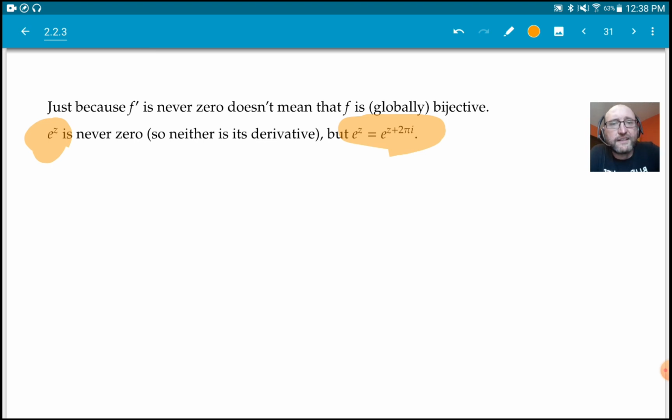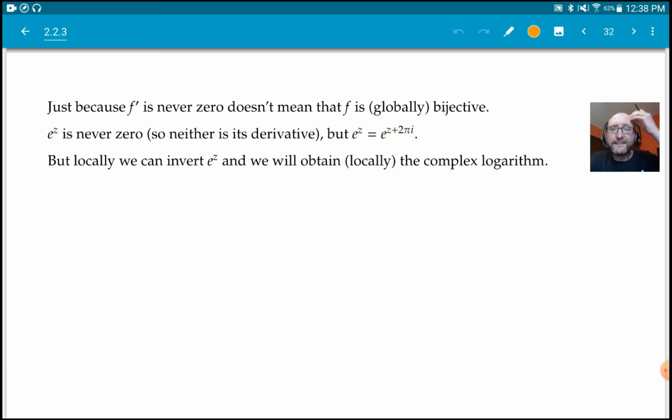I can find lots of points that go to one point. Locally, near any point, I can find an inverse, but not globally. The inverse is going to be the complex logarithm. So locally I can find a logarithm, but there is no globally defined logarithm.